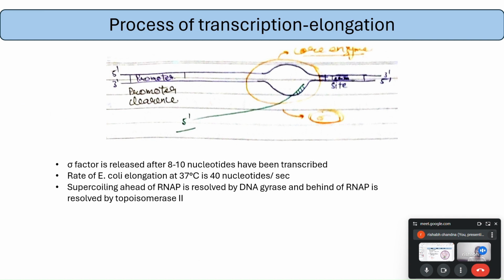Okay, now, moving on to the elongation process. Elongation is the addition of different ribonucleotides based on the DNA sequence, and it grows the chain till the termination site has been reached. Okay, so now what happens? The sigma subunit is released.